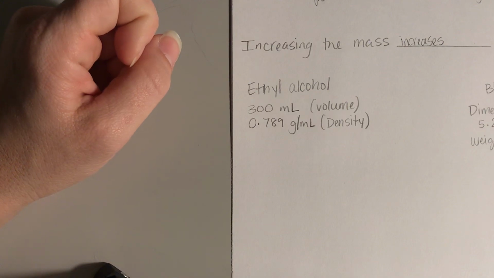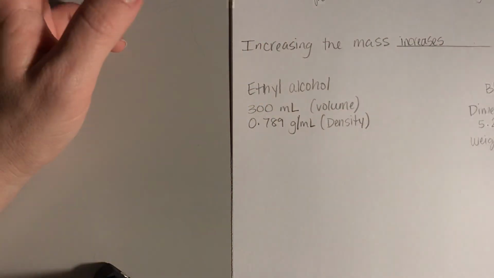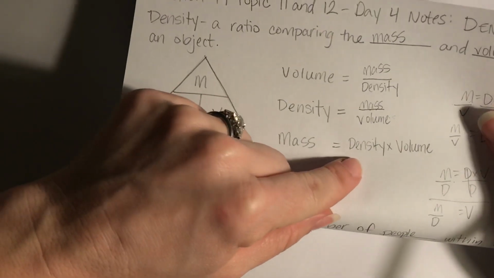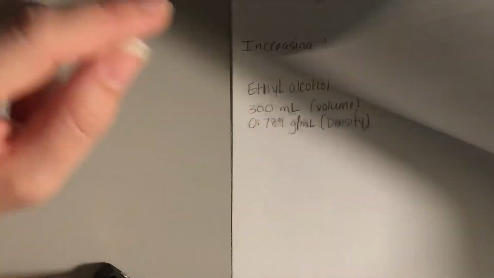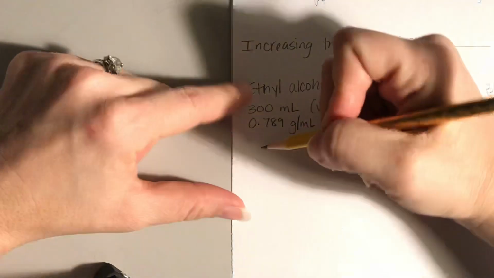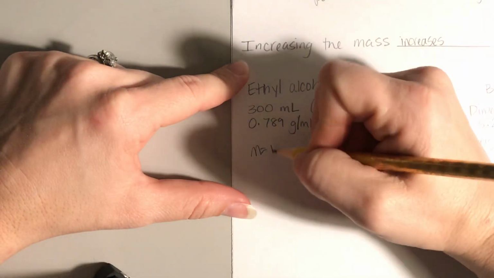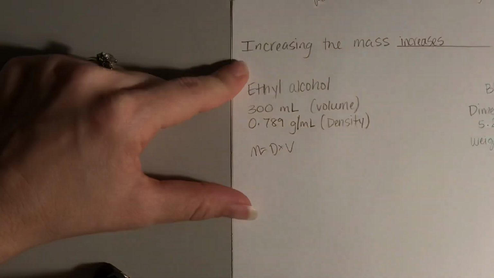And it says determine the weight, so that's the mass. So let's look back at the formulas. To find mass, we take the density and multiply it by the volume. So mass is equal to density times the volume.